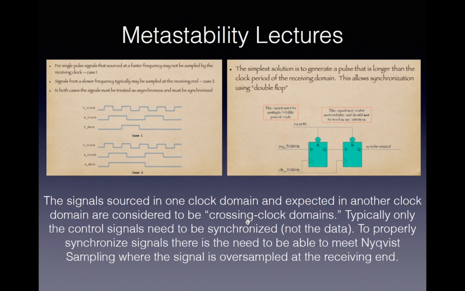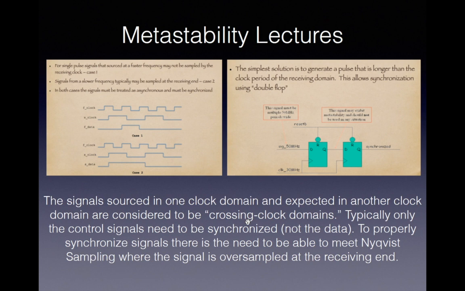It comes and goes. We never see an active edge of the S clock. On the bottom, we have the second case where a slower clock is generating the signal and the fast clock has plenty of edges to capture it. There is a solution to case 1, but I don't want to pollute your minds. So perhaps we can talk about it in the lab sometime.